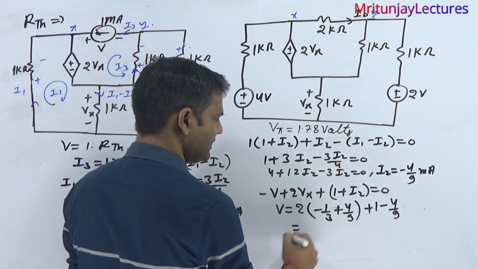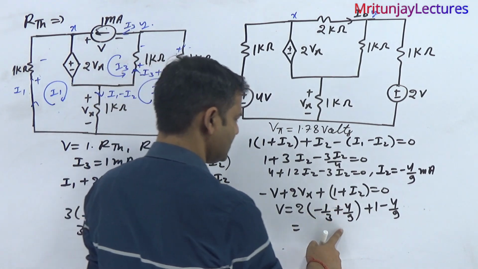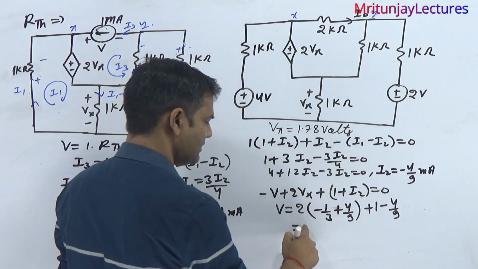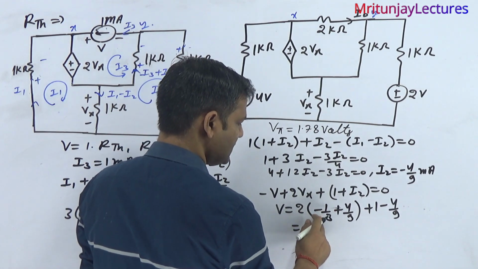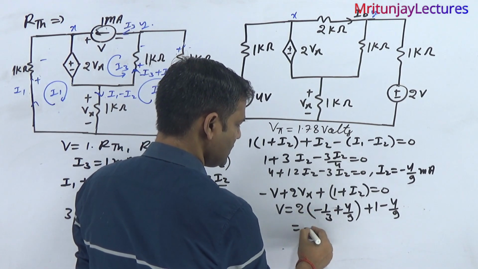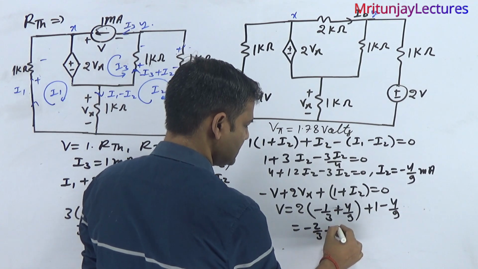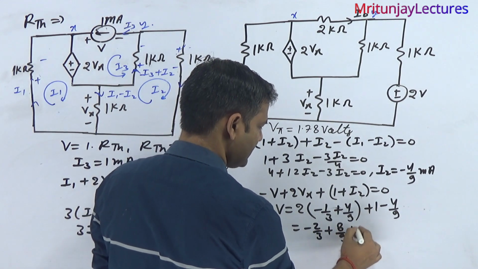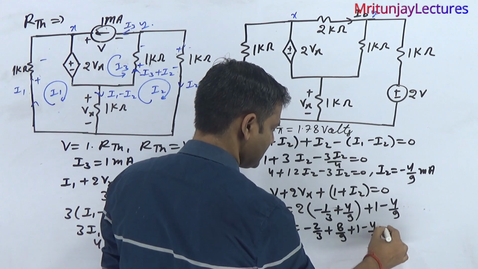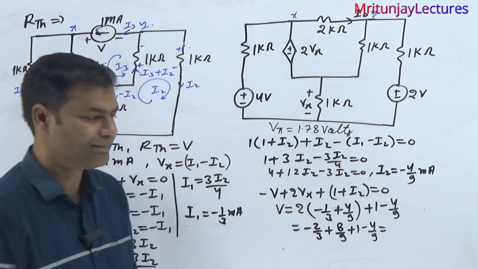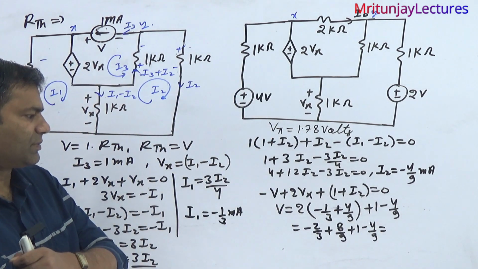So finally we got, after multiplying, minus 2 by 3 plus 8 by 9 plus 1 minus 4 by 9. Okay, how can we resolve this type of problem?